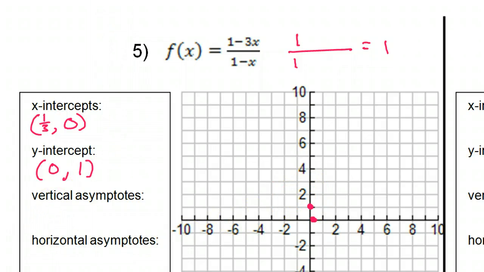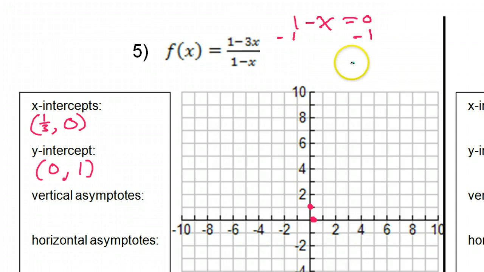Next, vertical asymptotes. How do we find the vertical asymptotes? You set the denominator equal to 0 and you solve. So 1 minus x equals 0. Subtracting 1 from both sides, so that's negative x equals negative 1.